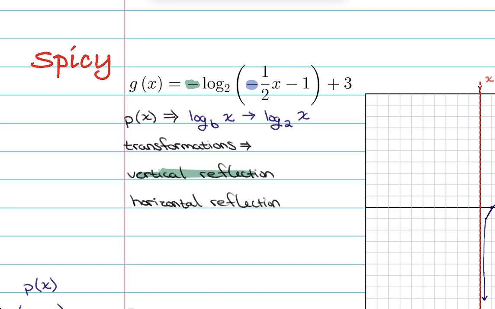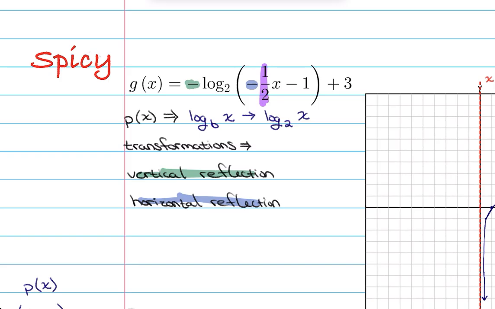Right? The next thing that I come across is this guy right here. This is 1/2. All right. This 1/2 is also acting on the x. It's not acting on the logarithm as a whole. Again, if it acts on the logarithm as a whole, you're either going to see it way out in front or way behind.